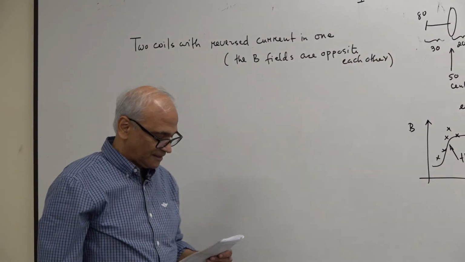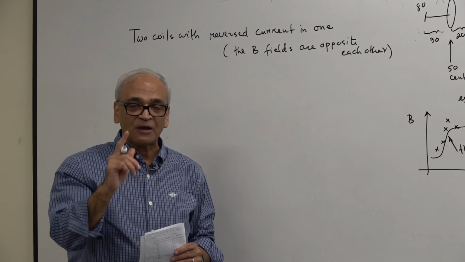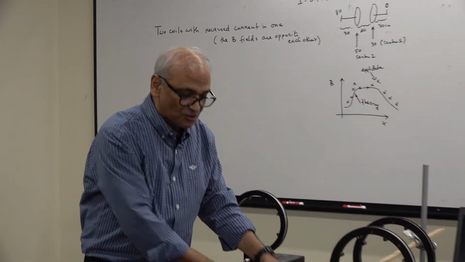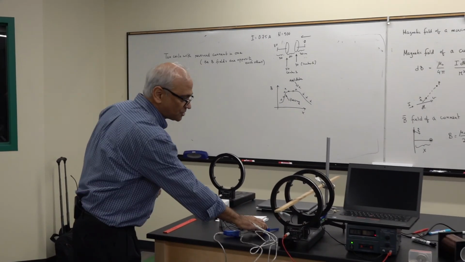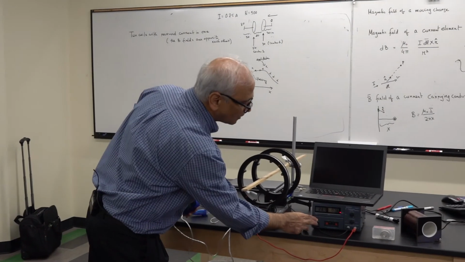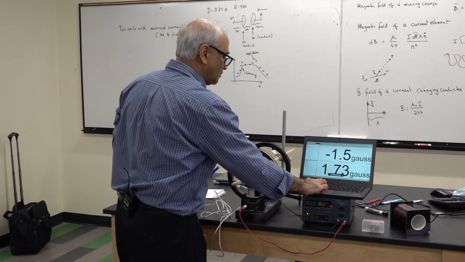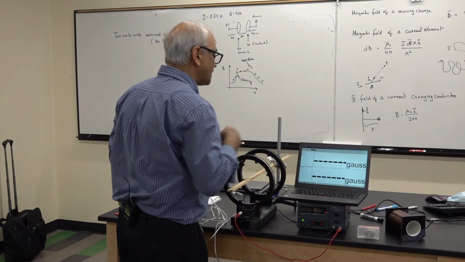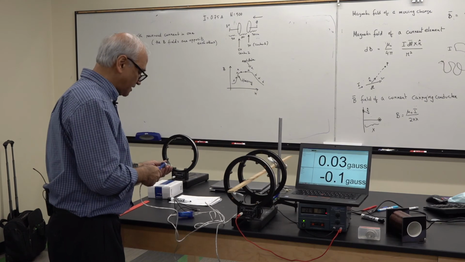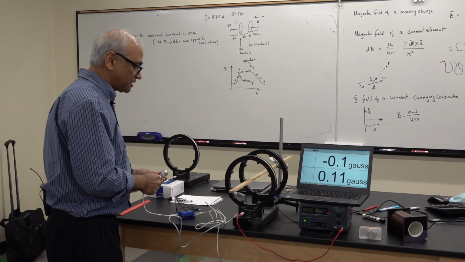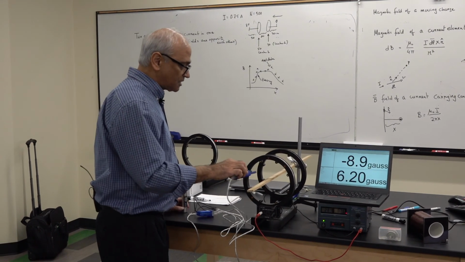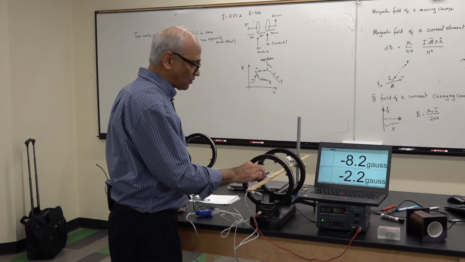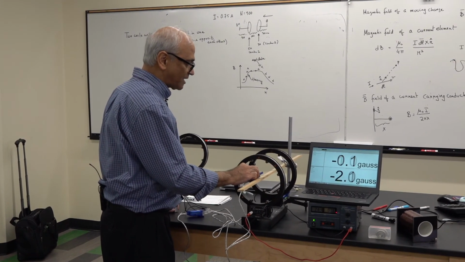Actually, I want to do something very quickly. This is okay. We can continue with this. I want to actually go back and take a look at my direction of the B field. So we said that this is the minus 20, and then as you go through it, it's minus.